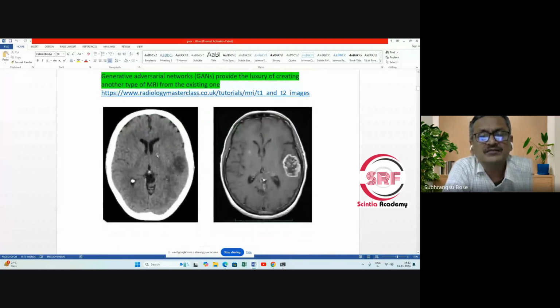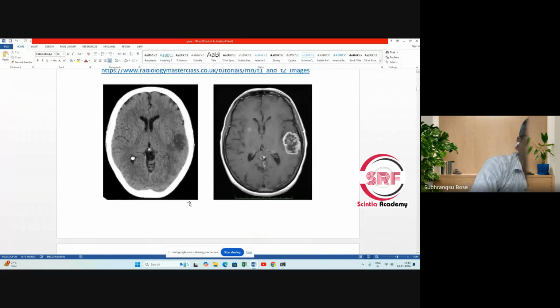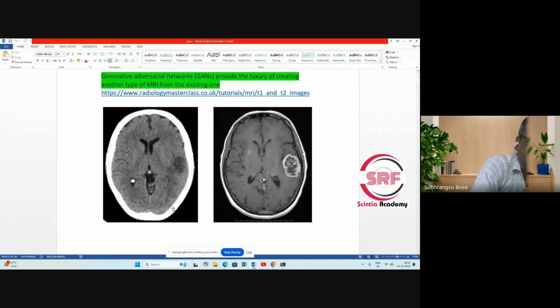If we have one MRI picture, we can create many pictures from one picture. In this case, we have no need for different MRI pictures, for example for poor patients. The main MRI cost is 5,000 to 6,000 per image.